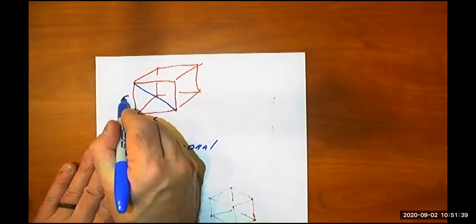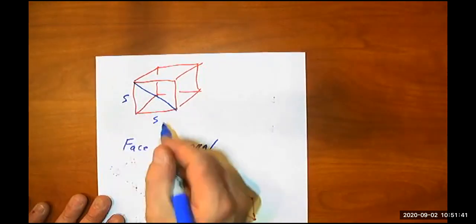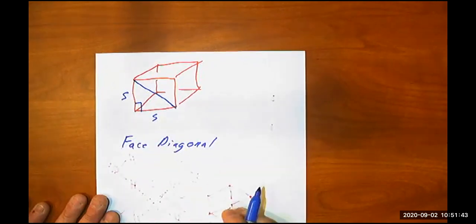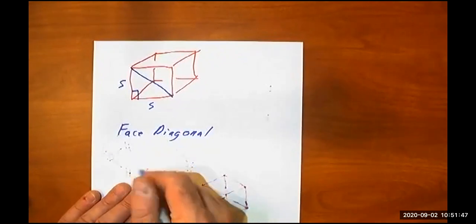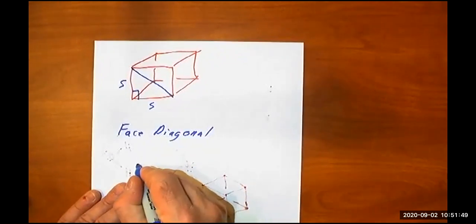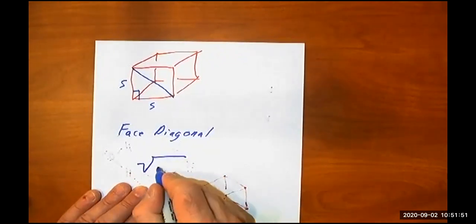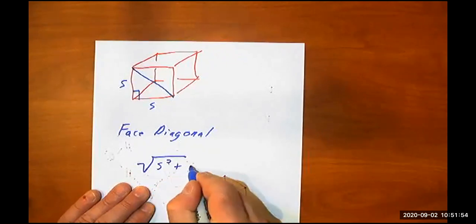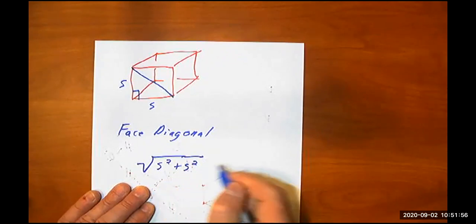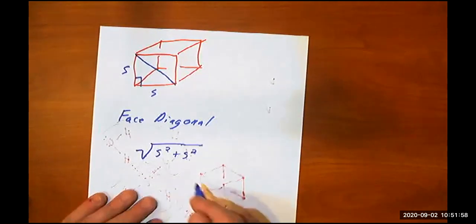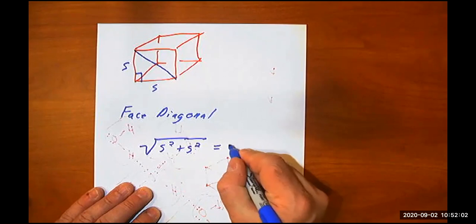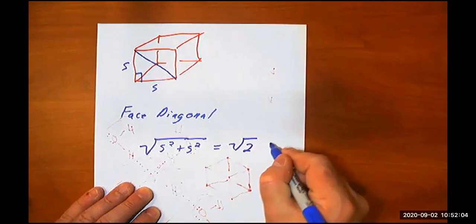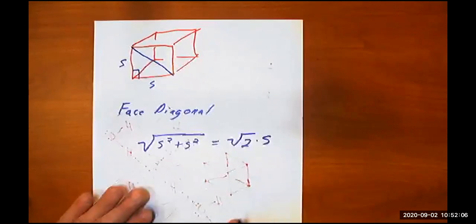We also have an S here, and this is a right triangle. So this length here is going to be the square root of s squared plus s squared. That's from the Pythagorean theorem. So this then is going to be the square root of 2 times s.